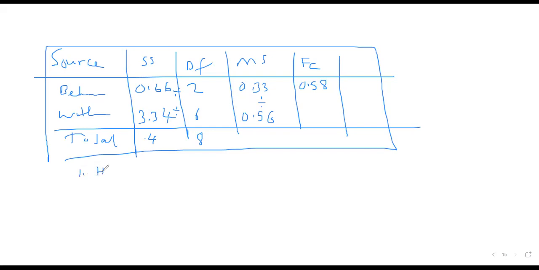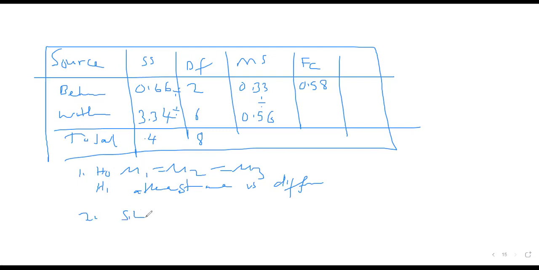So H0, simply say mu1 is equal to mu2 is equal to mu3. H1, at least one is different. Step 2, we set the level of significance, which is usually 5% if not given.